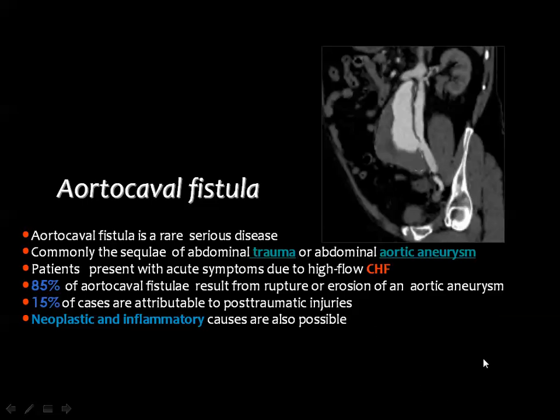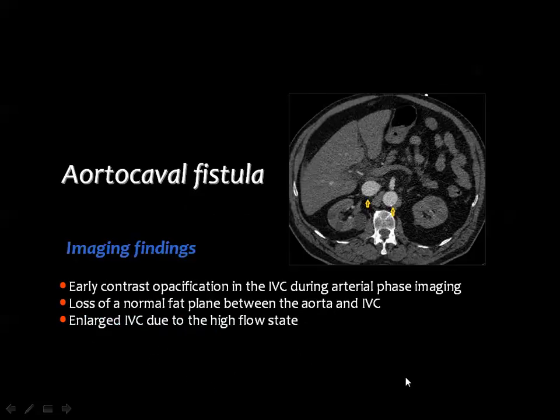And this fistula will result in acute symptoms due to high flow congestive heart failure. 85% are due to the aneurysm and 15% are due to trauma. And there are a few cases of neoplastic and inflammatory lesions also.